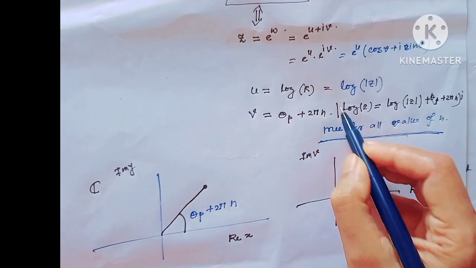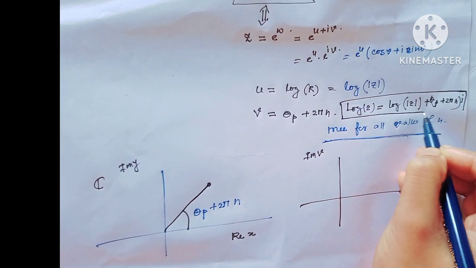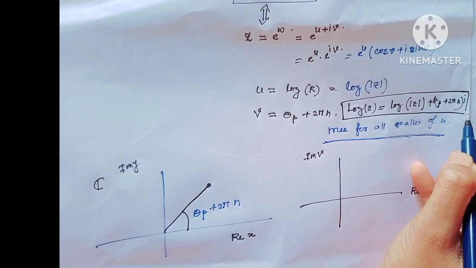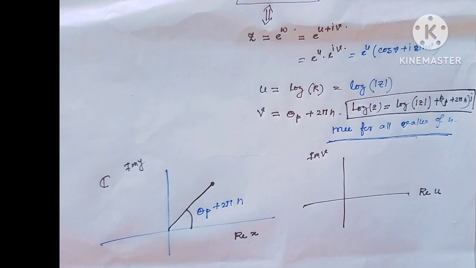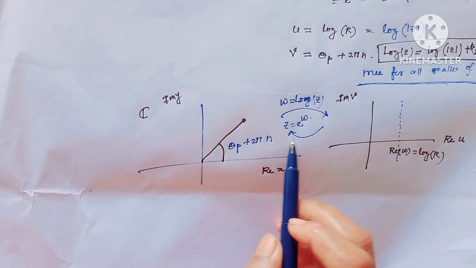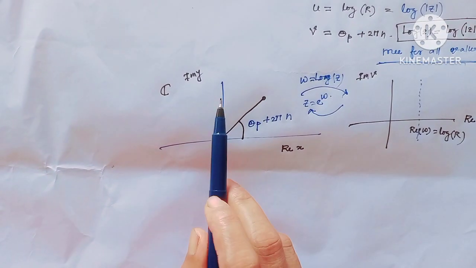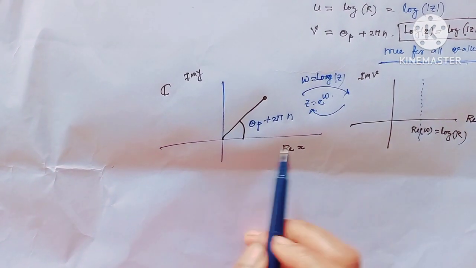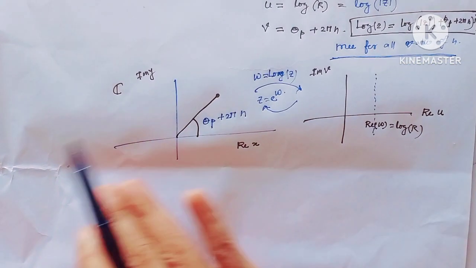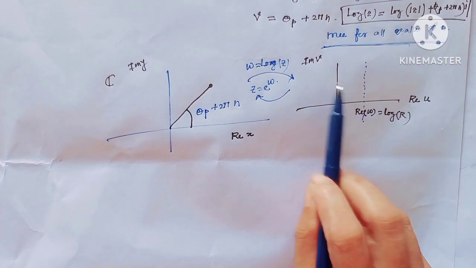This is log z, which is denoted as capital Log z equal to small log mod z plus theta p plus 2 pi n times i. W equal to log z. Notice the picture. Its inverse obviously would be e to the power w. Here the real x and the imaginary y, and w after transformation would be log z, that means this is the real u and imaginary v.